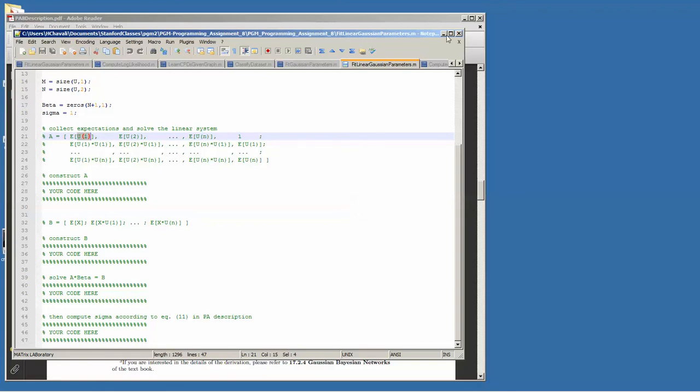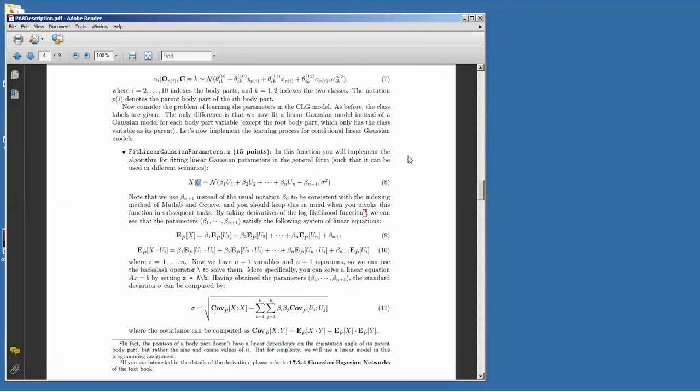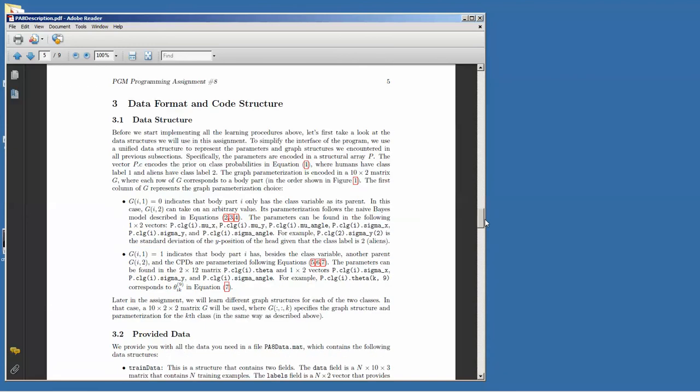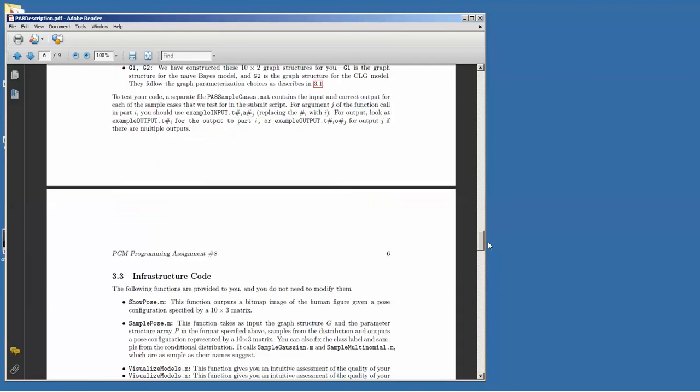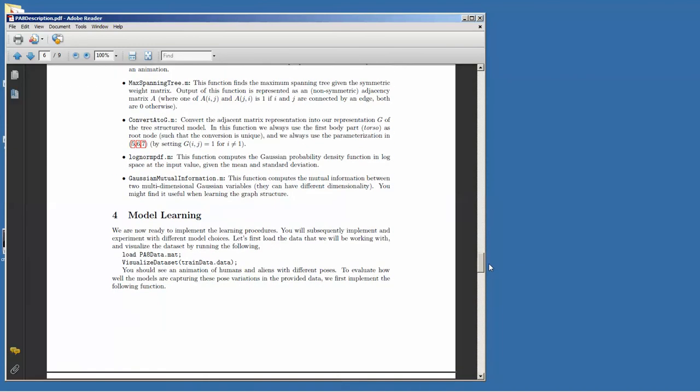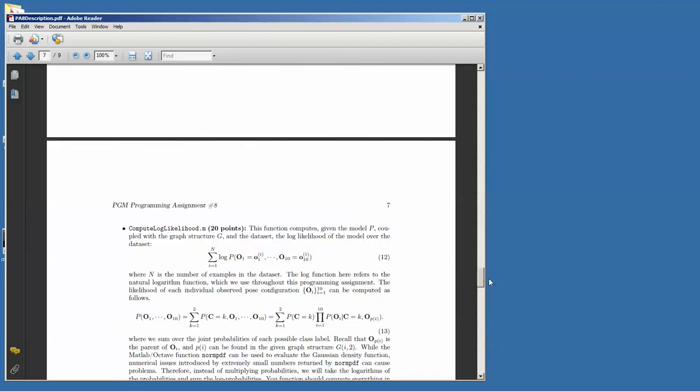Okay, now before I close this video, the next thing after you implement this, I believe, is log likelihood. Where is that? Yeah, compute log likelihood.